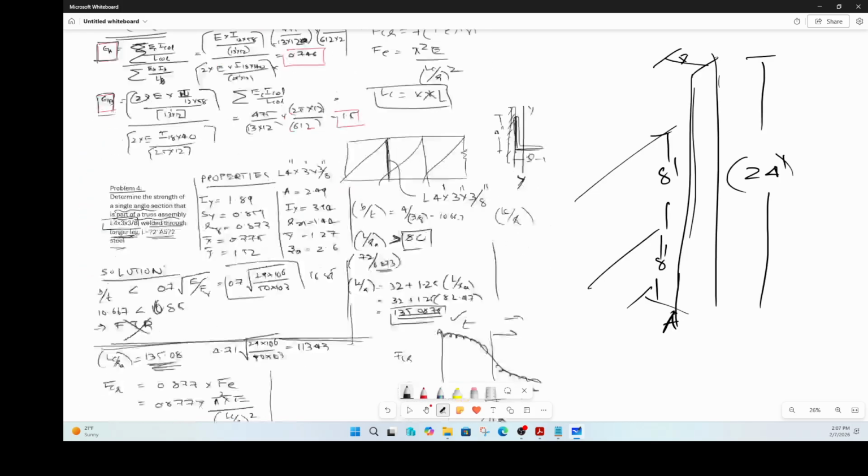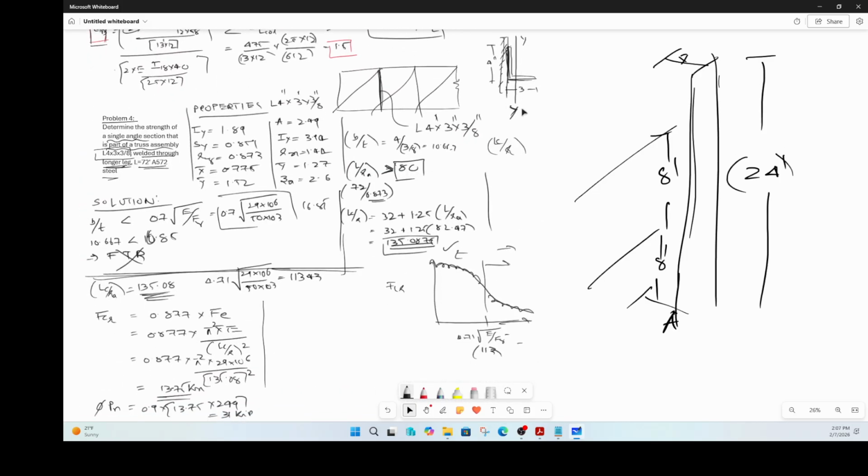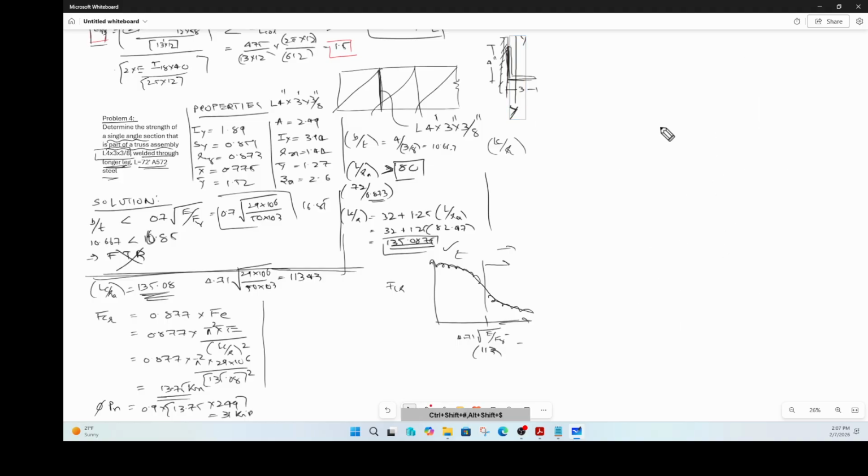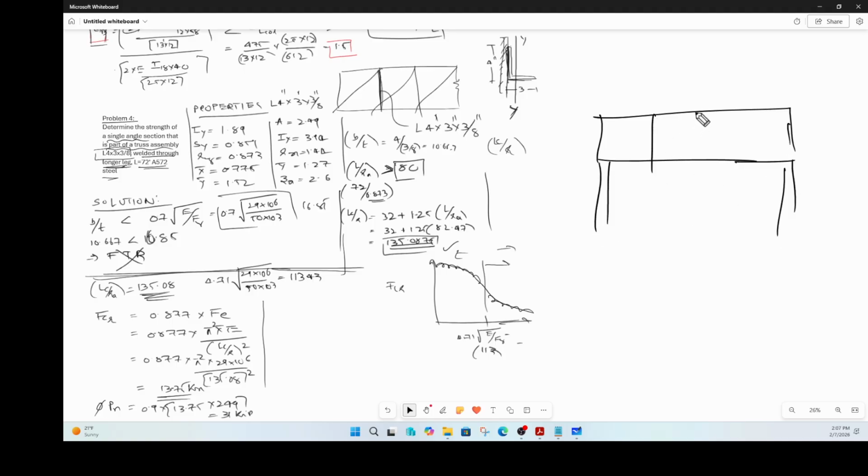Now the third problem, this might be super common, wherein maybe you have a truss like that being supported by a couple of columns, and that truss has elements like this, and all these elements are made out of angles, right? Now, how do you find the capacity of the angle? From structural analysis, maybe from just hand calculation, you know the load coming onto the member, but then how do you qualify that particular angle, right?